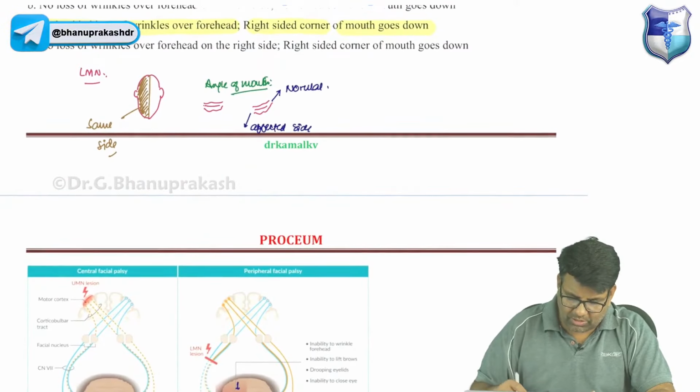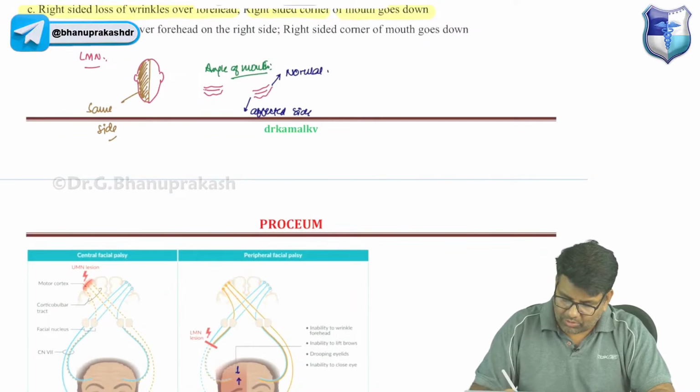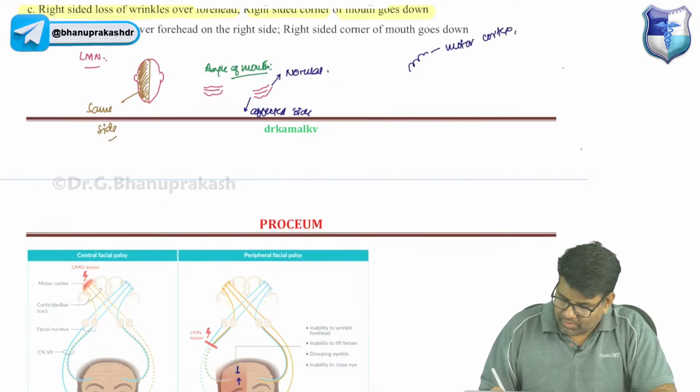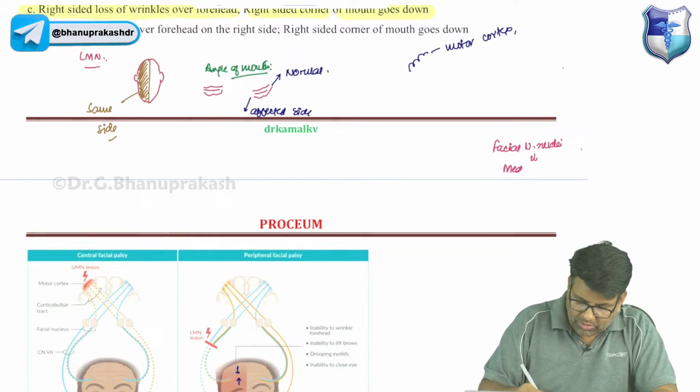Now, what actually is this lower motor neuron paralysis? So this is the motor cortex. Where is the nucleus of the facial nerve? Facial nerve nuclei in mid pons.